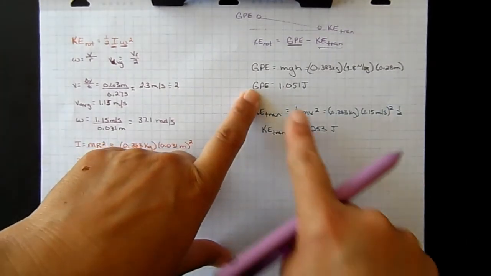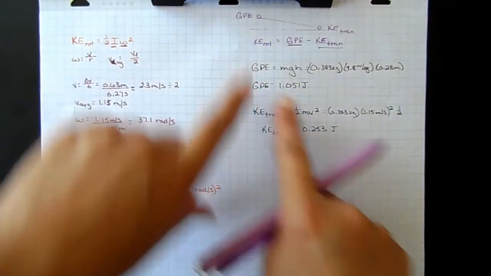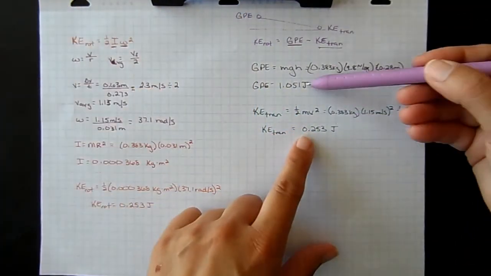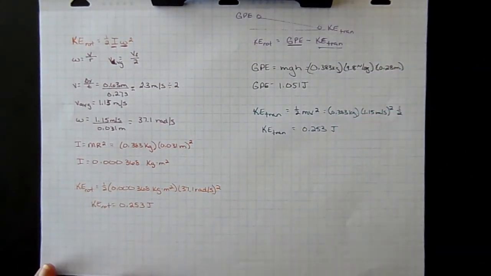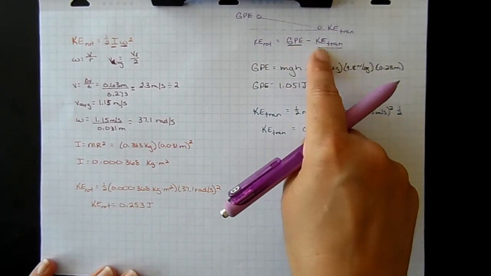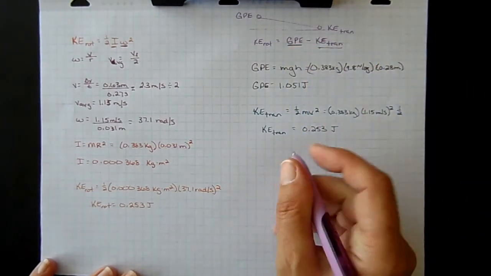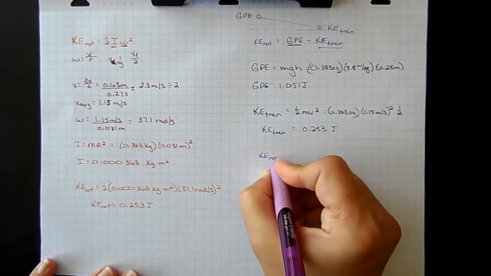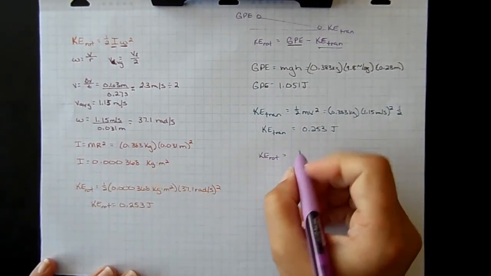So this gives us our gravitational potential energy at the top and our kinetic energy at the bottom. These are obviously different numbers, so we're going to subtract those. Our gravitational potential energy minus our translational kinetic energy is going to be our actual rotational kinetic energy.